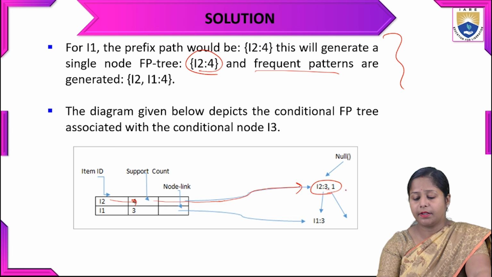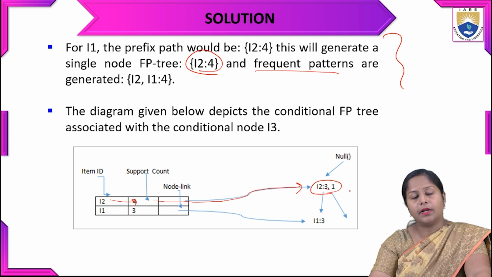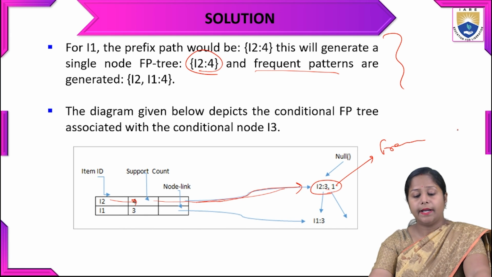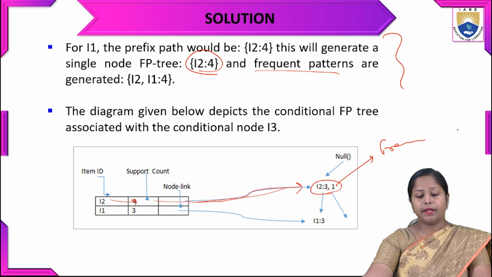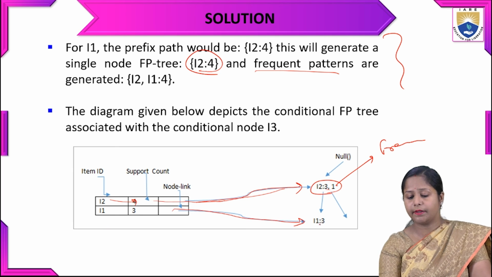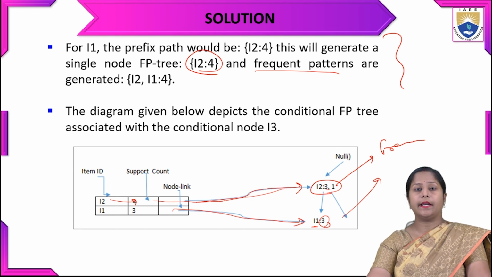Here we have written 3, 1, because the last transaction we have not included here, so we have written it in the form of 3, 1. That has been associated, and that is a frequent item set, right? So now the frequent item set will be I2 and I1. Here for the I1 item set, we have taken I1 for 3 times. So these are the frequent item sets.